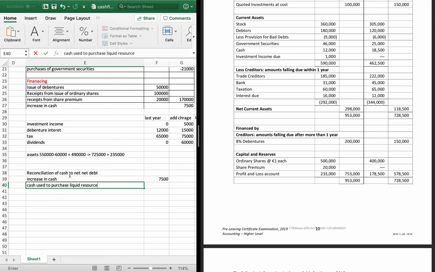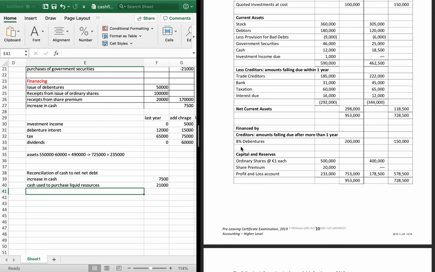And by liquid resources, we mean government securities. So our government securities have gone up by 21,000. That's positive because the government owe us that money. So that debt is debt to us. So that's a plus. Any debt to us is a plus. Any debentures or anything like that, debt to others is a minus. So for instance, our debentures is going to be a minus.